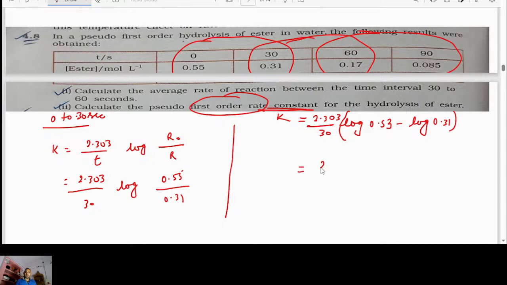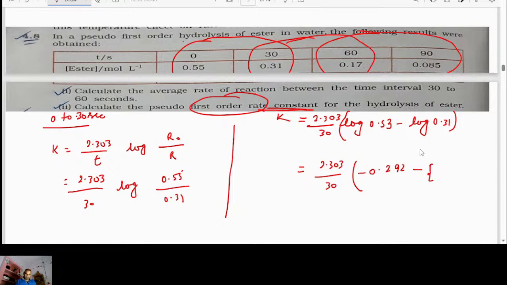So 2.303 divided by 30, log, I am searching, student. Log 0.53 is coming negative 0.292. Then what is the log value of 0.31, student?